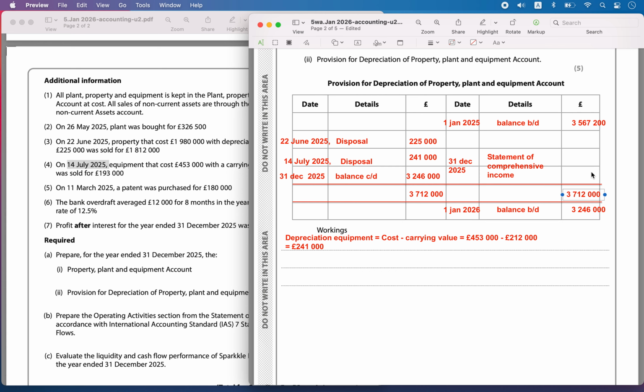Minus this one will give the amount that needs to go into the income statement. So 3712,000 minus 3567,200 is going to be 144,800. So this is how you will prepare the provision for depreciation of the PPE, plant and equipment account.